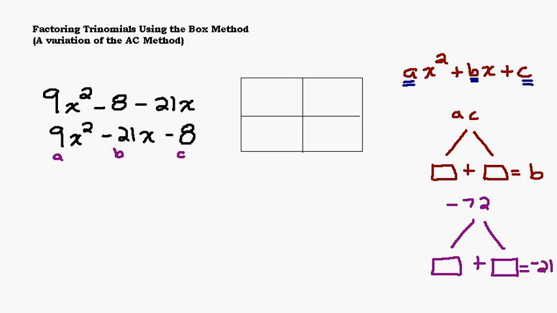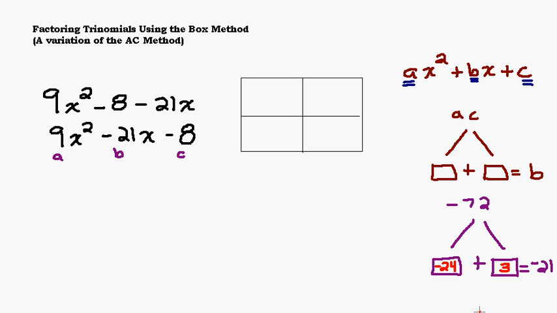That might take a little fishing around, but if you work on it for a little bit, you are going to come up with negative 24 and 3. Those add to be negative 21, and if you multiply them together, you get negative 72. So far this is the same as the AC method.